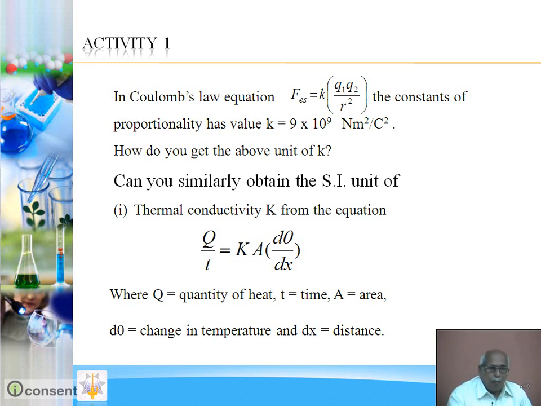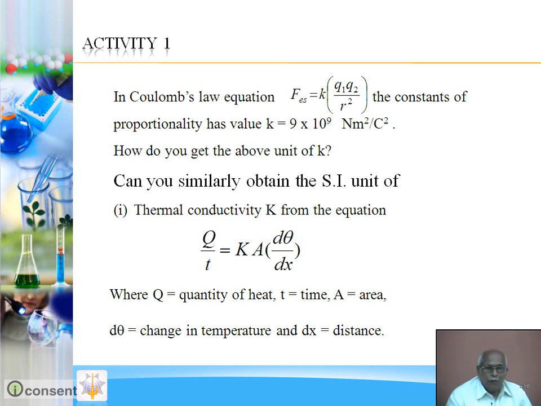The equation is Q upon t equal to K A into d theta by dx. Q is quantity of heat, t is of course time, K is coefficient of thermal conductivity, A is area, d theta is change in temperature, dx is distance.